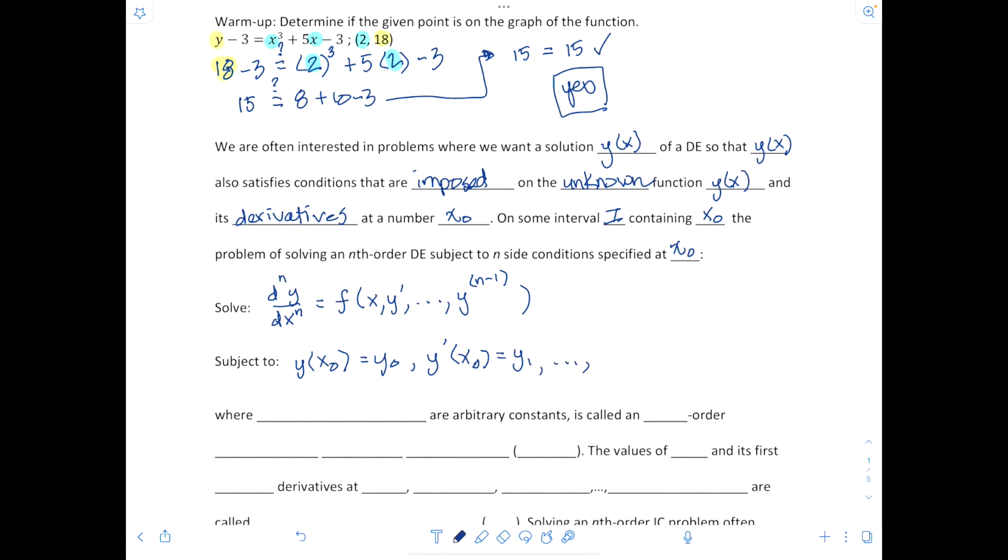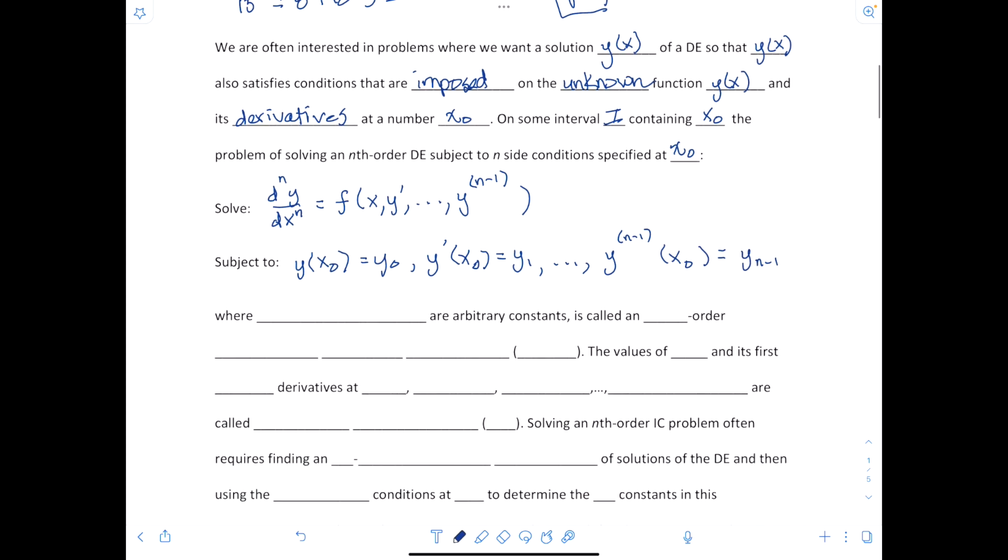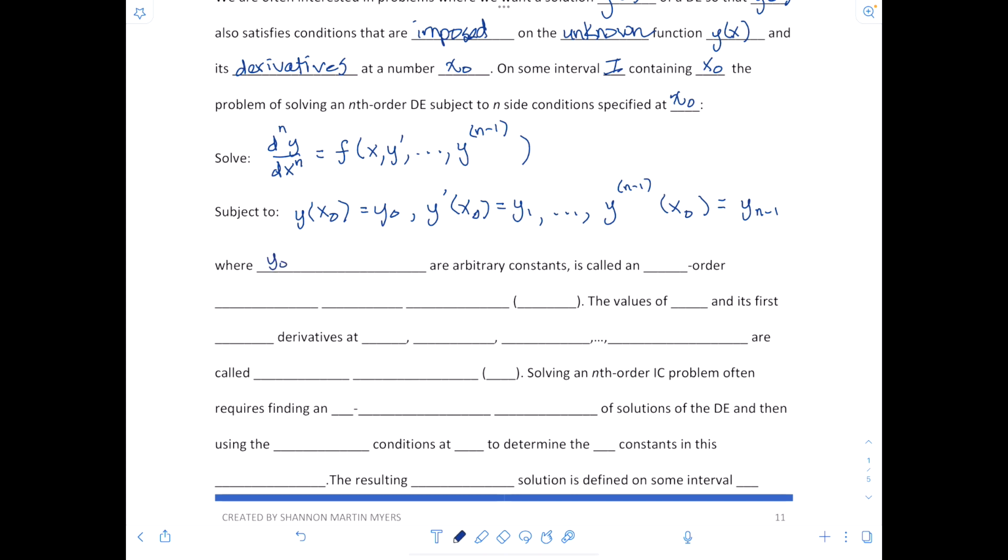And etc. until the n minus first derivative at x0 would equal y sub n minus 1, where y0, y1, all the way down to y sub n minus 1 are arbitrary constants, is called an nth order initial value problem. And we shorten that often by saying IVP.